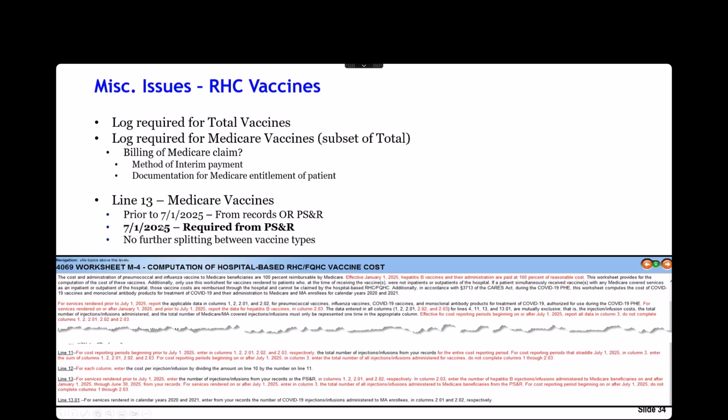Regardless of what your cost reporting period is, if your service date was on or after 7/1/25, that has to be billed and it has to be found on the PSNR to be allowed. We can't take just provider records for that anymore. And CMS, I don't know if they've already done that actually, or if they're working on it.